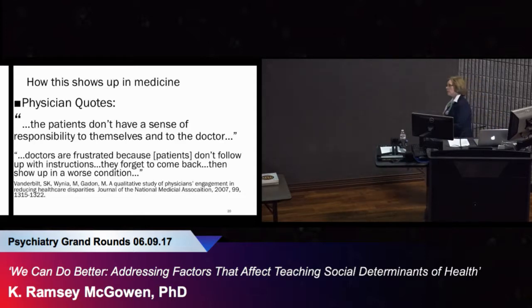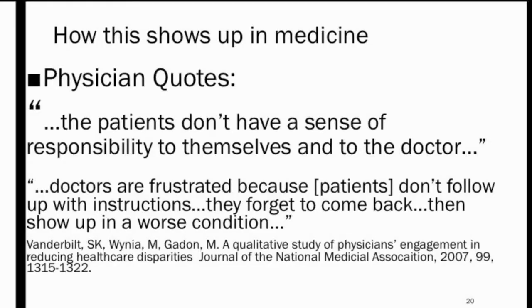So how this shows up in medicine shows up in quotes like this. Patients aren't responsible to themselves. They aren't responsible to me. I try my best. I give them a perfectly good treatment plan. Then they don't come up. Then they get more sick. Then I have to deal with them again. Fosters resentment. And the underlying assumption here is that they could have done better if they had wanted to.